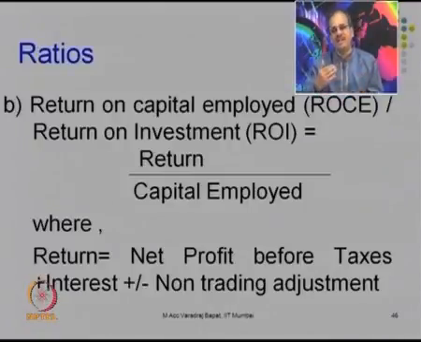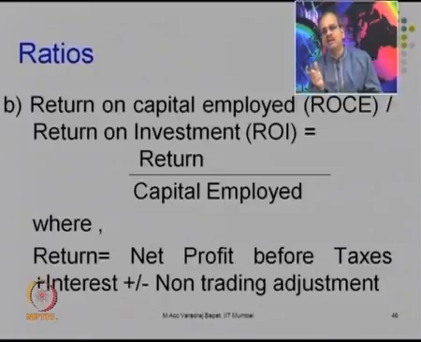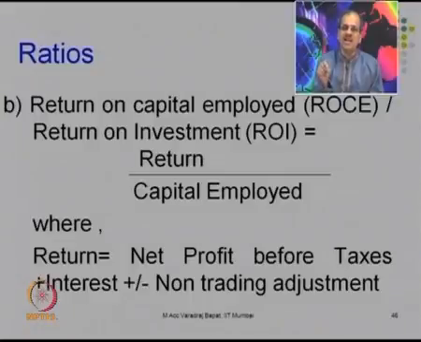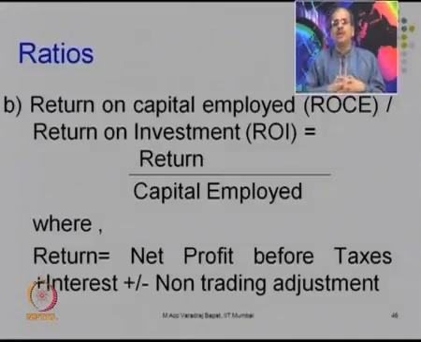We also add back interest and make an adjustment for non-trading incomes. If there are non-trading incomes included in profits, they will be removed, because here we are interested in knowing the level of return the business or the operations are able to generate.